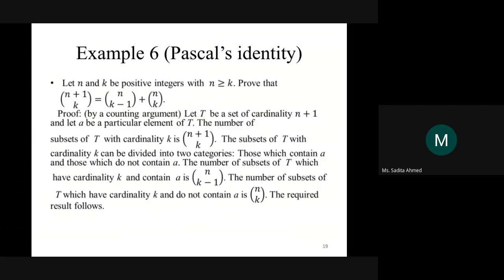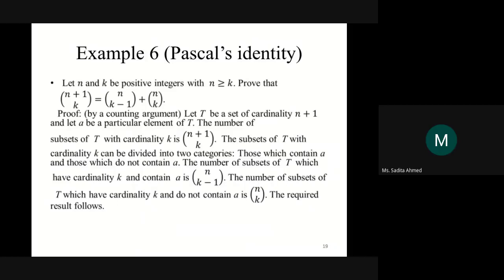A is one of the elements of this set. Let's assume that A is by default one of the elements of this set. So in that case, A is one of the n plus 1 elements, right? A is one of the n plus 1 elements. Yes, miss.